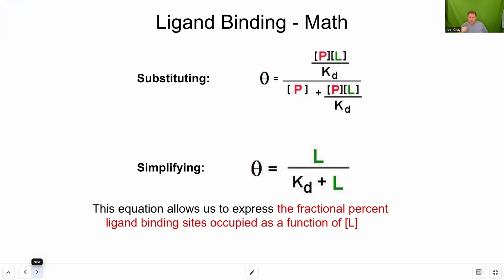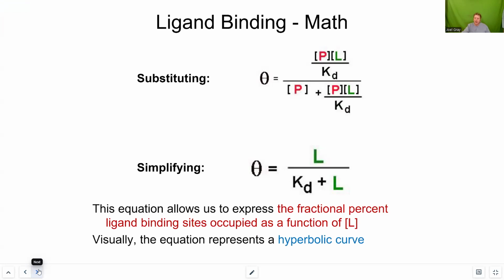If we want to determine the binding affinity of something, we know how much of our ligand we add. Protein is a little bit more difficult to calculate. So this is very helpful. Now, visually, this equation represents a hyperbolic curve. So there's our first point where we're taking this equation and putting it into a curve form.